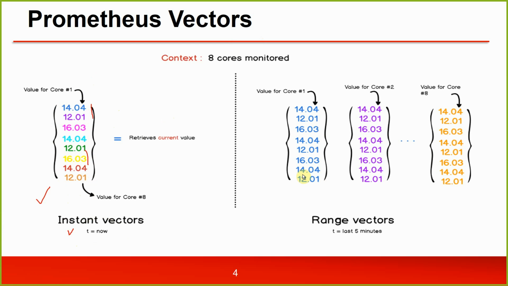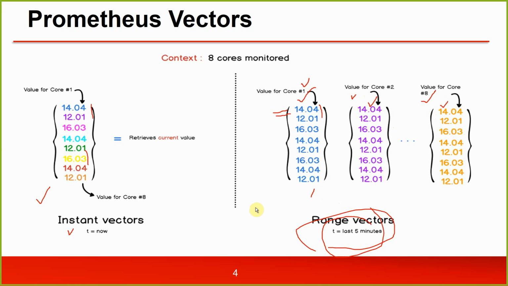Whereas if I say range vectors, this is the value for core 1, this is the value for core 2, this is the value for core 8, for a given last 5 minutes. First minute this was the value, second minute this was the value, third minute this was the value of these cores. So when we say last 5 minutes, we are talking about a range.